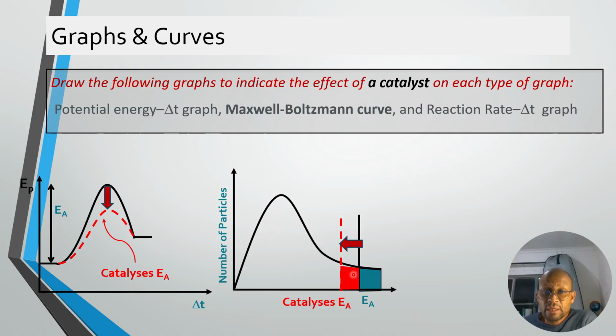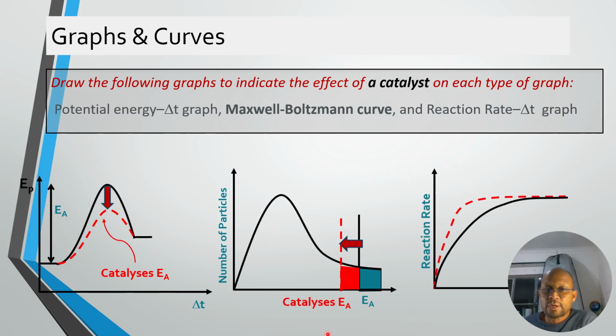And as a result of that, there is now a new area under the graph, and that means more molecules. So it's the red part and this bluish part or turquoise part, so that both those parts will represent the number of molecules that will have sufficient energy to have effective collisions and then form products. And that will be the activation energy, the catalyzed activation energy.